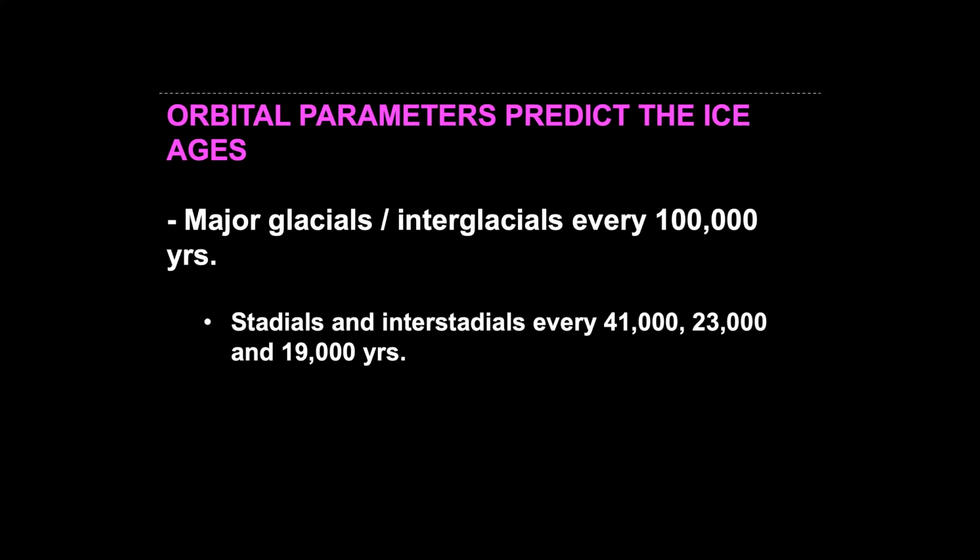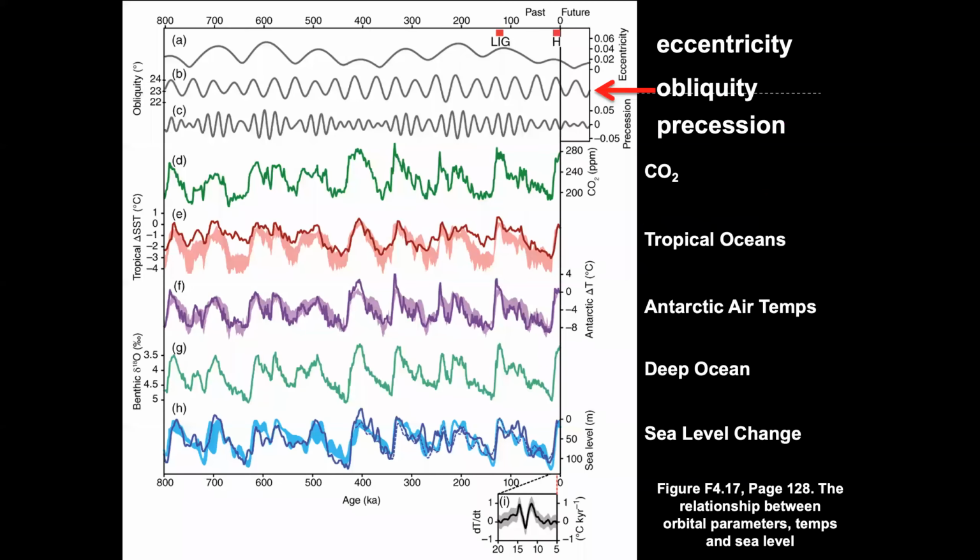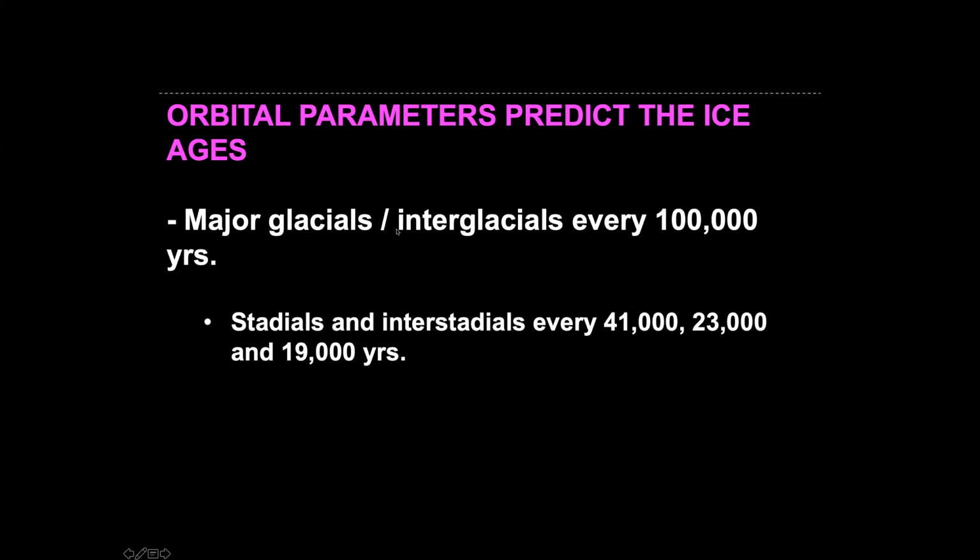Now, basically major glacials and interglacials occur every 100,000 years. And then there's this thing called stadials and interstadials every 41, 23, and 19,000 years. A glacial is, of course, an ice age. An interglacial is a period between ice ages.